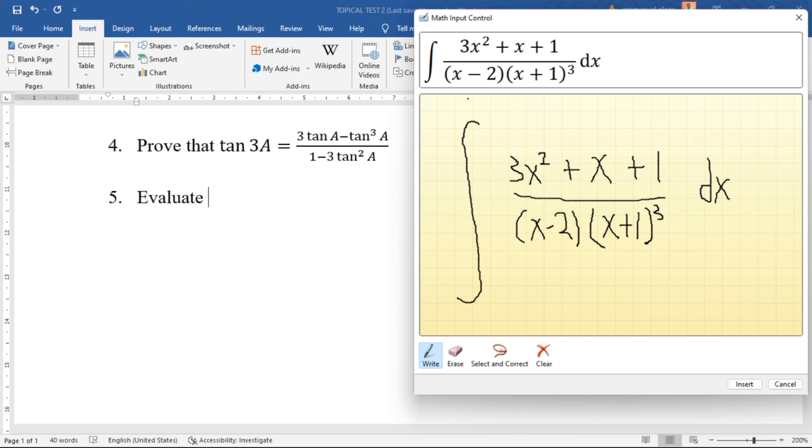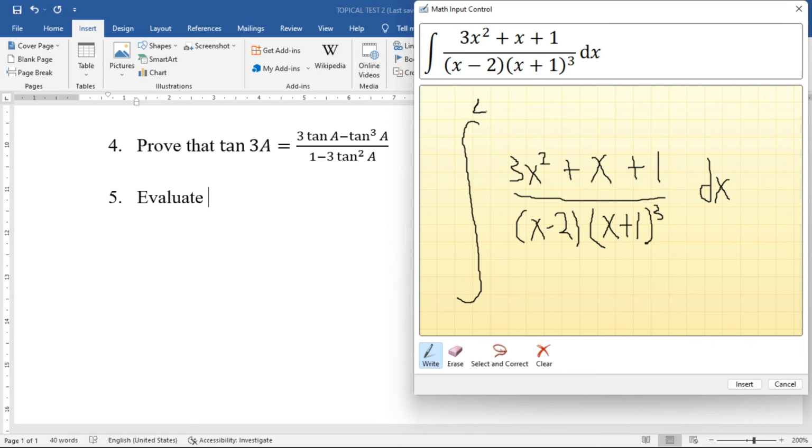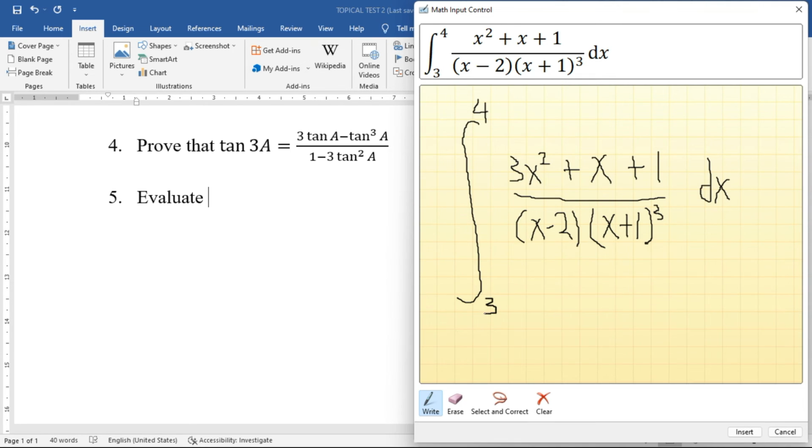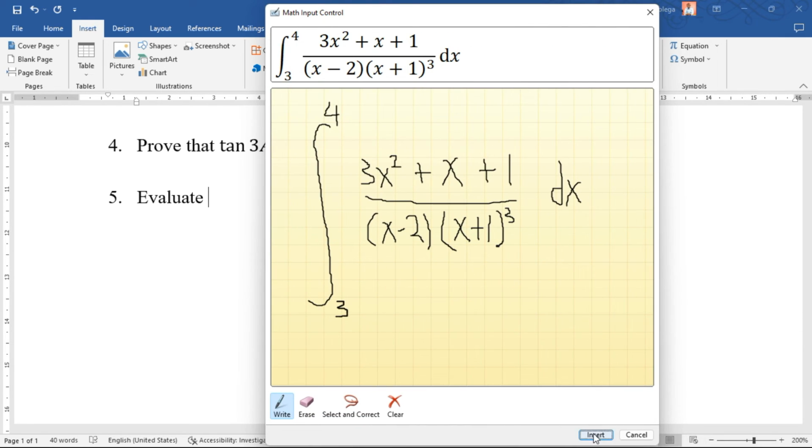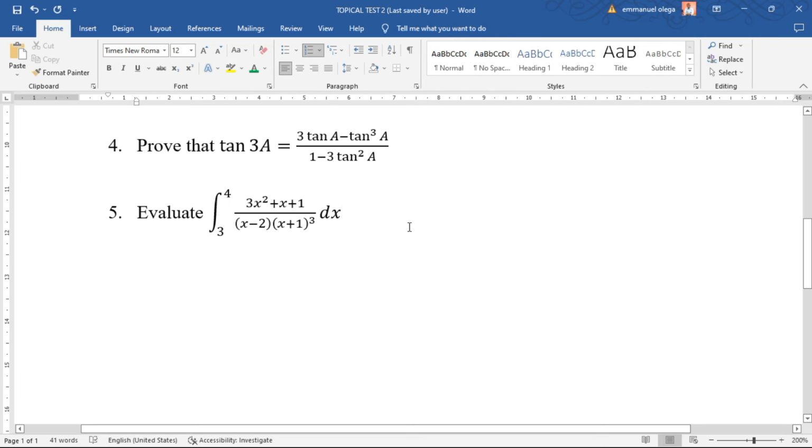Dx. Then this one has limits. There's a 4 up here and there is a 3. Right, so that's it. Let's insert that, and there you go, we have something more complex.